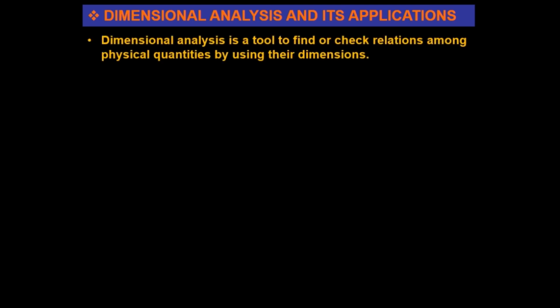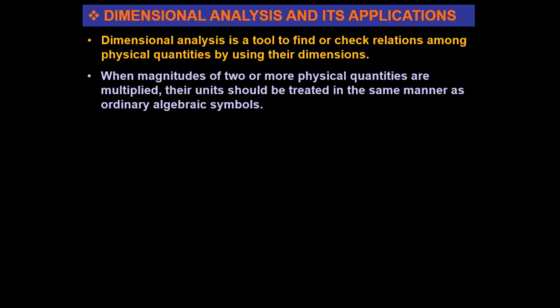Dimensional analysis is a tool to find or check the relations among physical quantities by using their dimensions. When magnitudes of two or more physical quantities are multiplied, their units should be treated in the same manner as ordinary algebraic symbols.